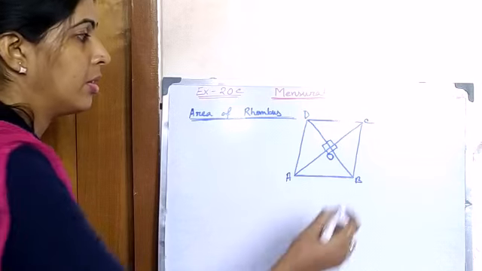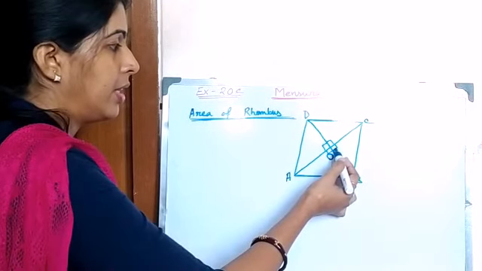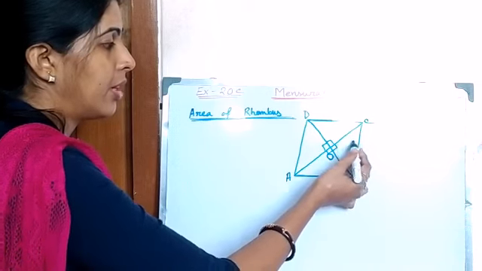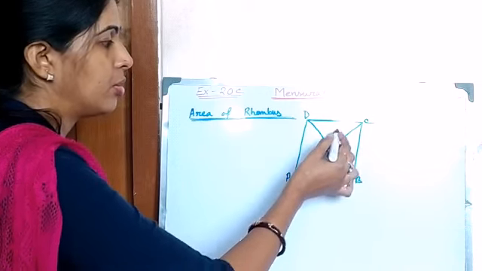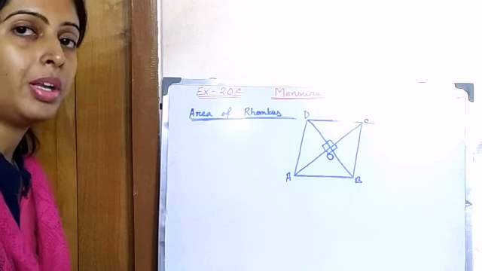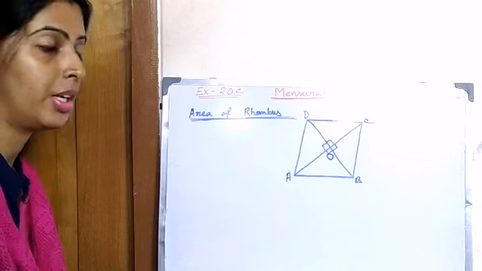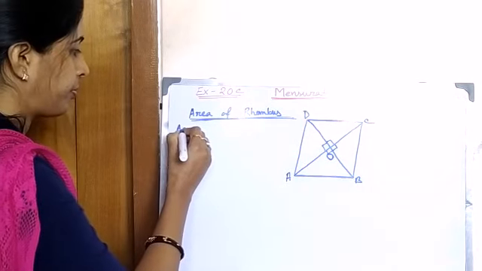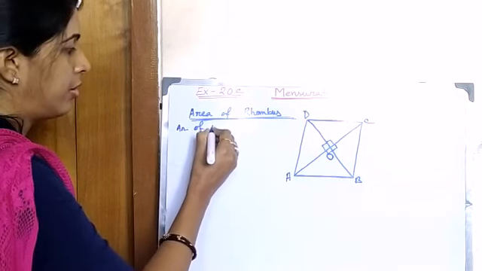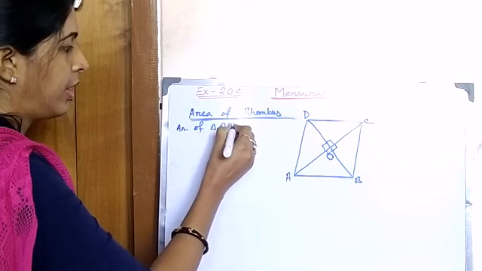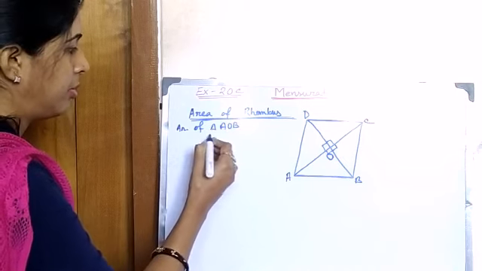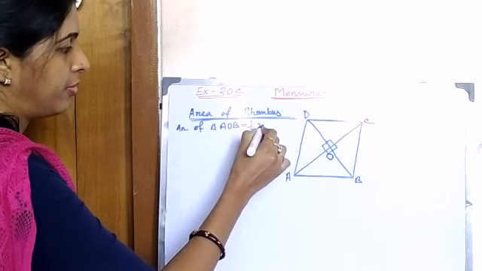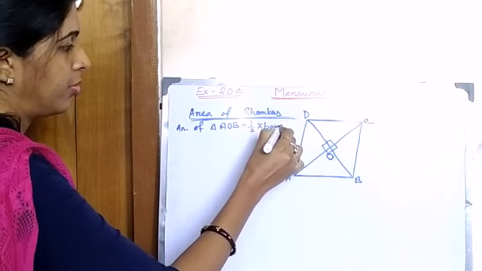Here the 90 degree angle is formed and this is the hypotenuse, so this is a right angle triangle, and this one also, this also. So separately we will find the area of each triangle. Now the area of triangle AOB: first I write the formula half into base into height.